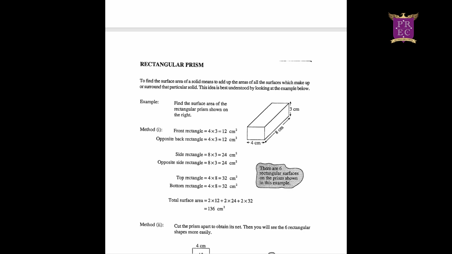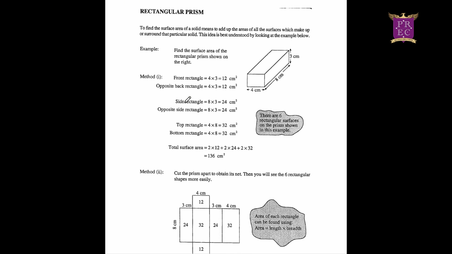For example, the front side is 4 times 3, which is 12, times it by 2, we have 24. We've got the left and right sides, so 8 times 3 is 24, times it by 2, we've got 48. And then we've got 8 times 4, which is 32, times it by 2, we've got 64. Then we add them all up, so 64 plus 48 plus 24 gives us 136.